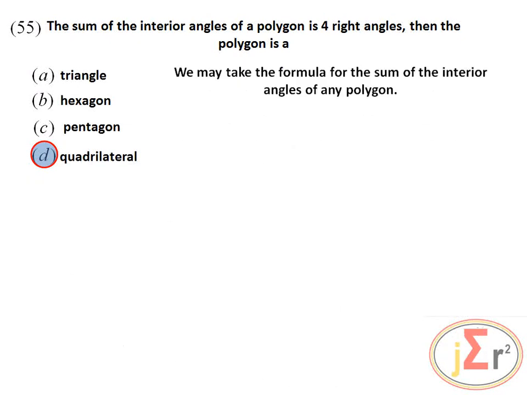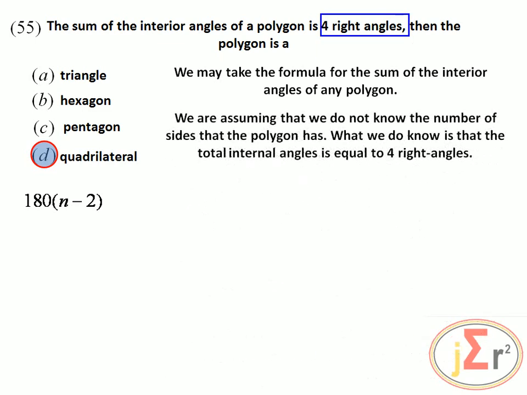We may take the formula for the sum of the interior angles of any polygon. What is that formula? 180 degrees multiplied by n minus 2 is equal to the sum of all of the angles in a quadrilateral. There we have 4 right angles. We are assuming that we do not know the number of sides that the polygon has.